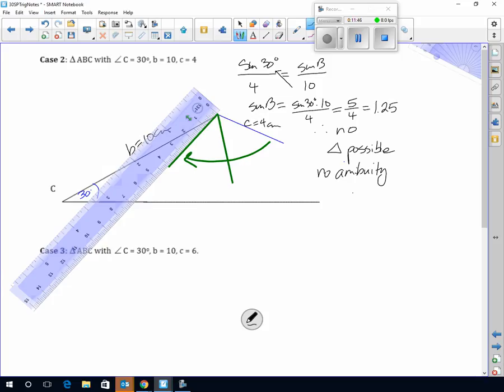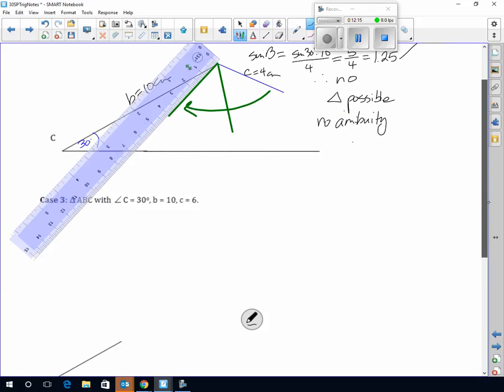Remember that little thing that we talked about, sine theta has to be between 1 and -1. Where does that fall? Outside that domain. Do you see why it's not possible that we got a triangle? Because mathematically speaking, we wouldn't have gotten a triangle. Got it? Okay. Next one.